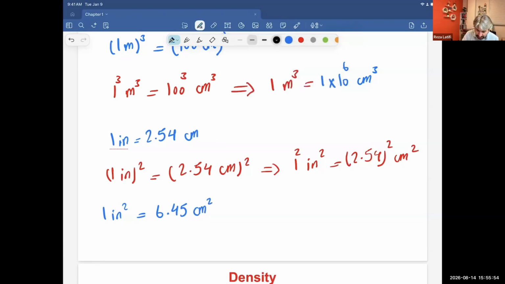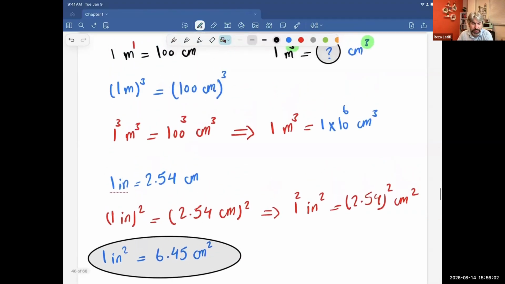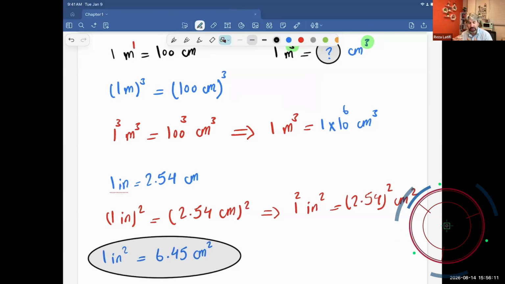I did not have this conversion factor, but I managed to create it. So try to use the given data, anything they gave you, and transfer it to any unit that the question is asking for.